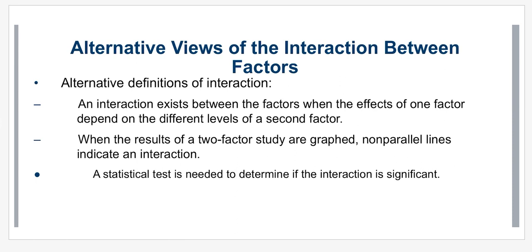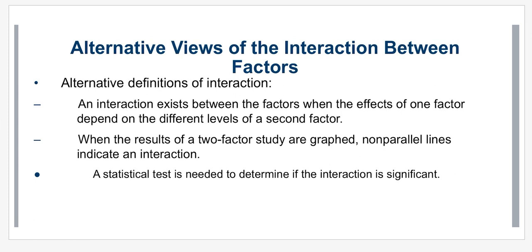So this is what I was talking about, the dependent relationship, and also another way to view these is a graph. So we've been looking at these matrices or these tables, but you can also look at graphs.